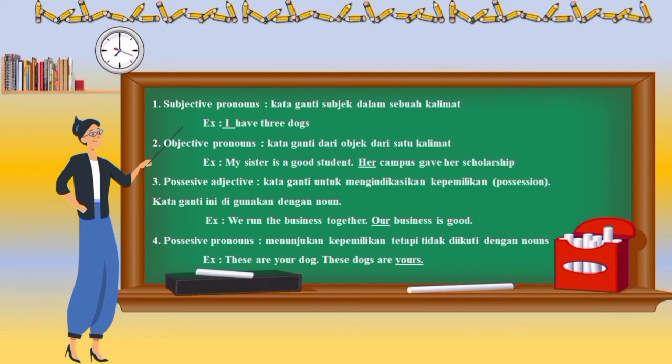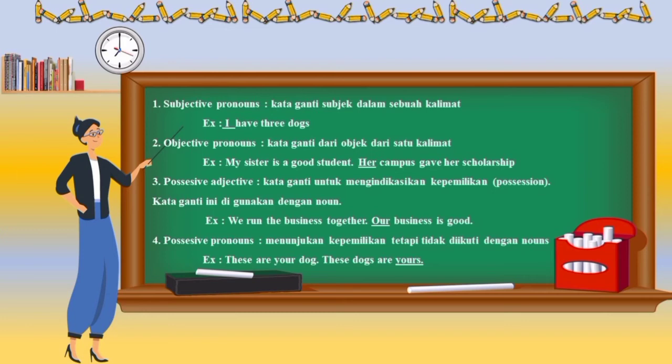Her campus gave her a scholarship. And then here we can find that the objective pronoun is her, because here we change my sister and then we can say her.